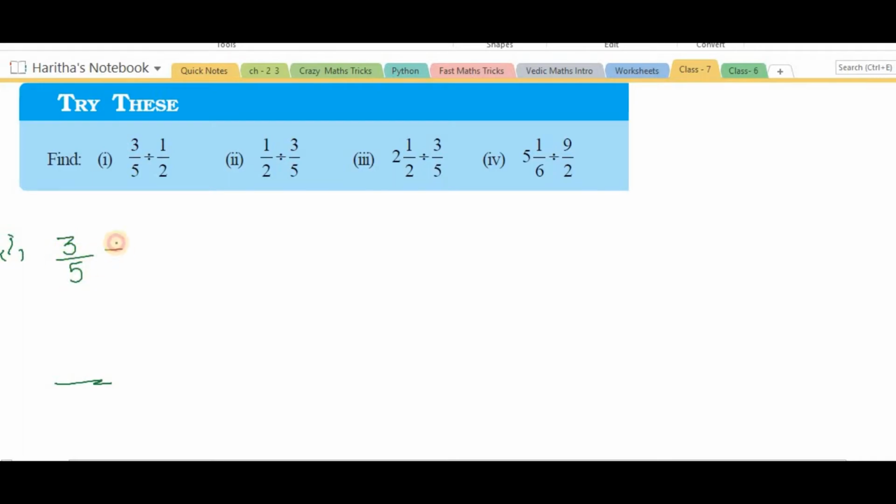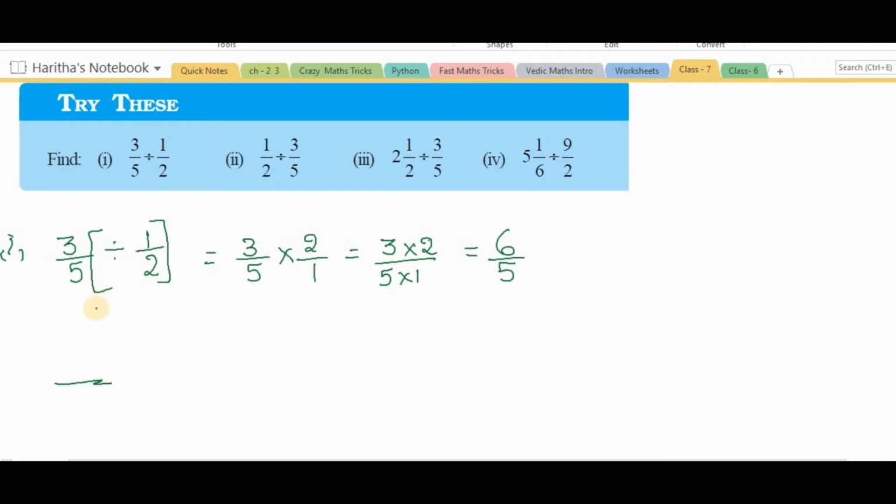So the reciprocal you are going to take for this part: 3 by 5, and the reciprocal of division is multiplication. 1 by 2 will be considered as 2 by 1. Now check, are there any cancellations for the numerators and denominators? There is no cancellation, so multiply numerators and denominators. 3 into 2 by 5 into 1. 3 2s are 6, 5 1s are 5.